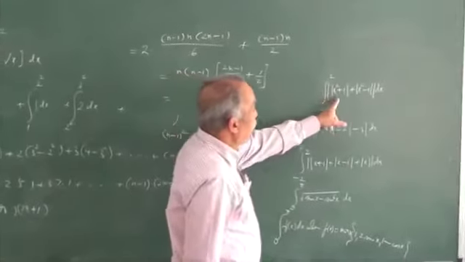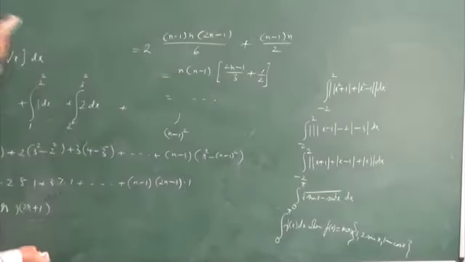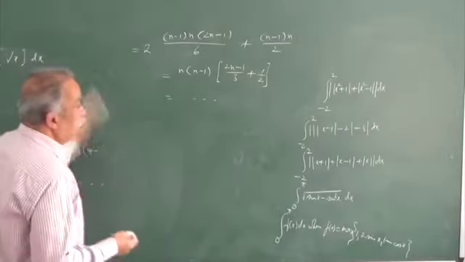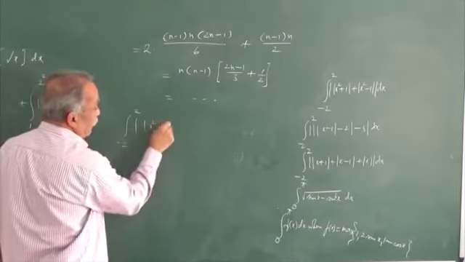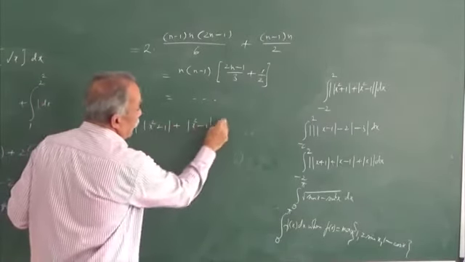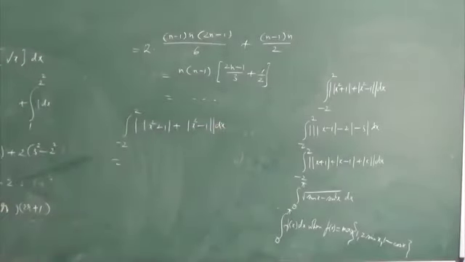Mod of mod x square plus 1 plus mod x square minus 1. Again, first our aim will be to remove the innermost moduli.